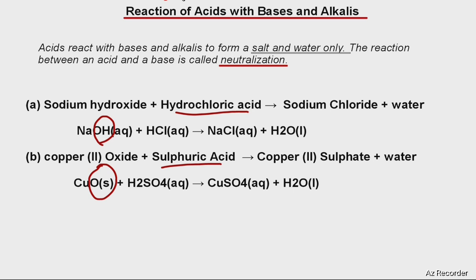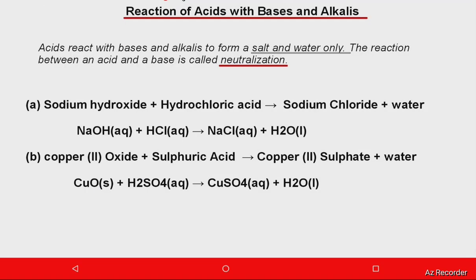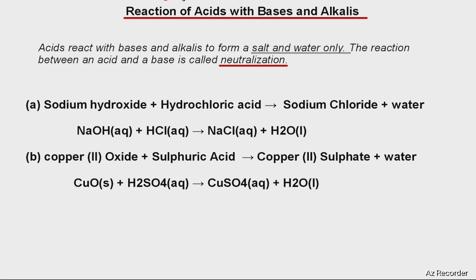Now let's see if we can get different substances other than the ones I've given as an example here. In a case where you are told to react, let's say we use a different base, calcium hydroxide.